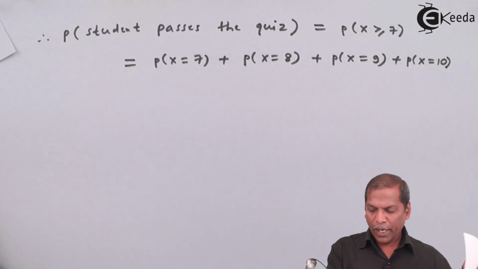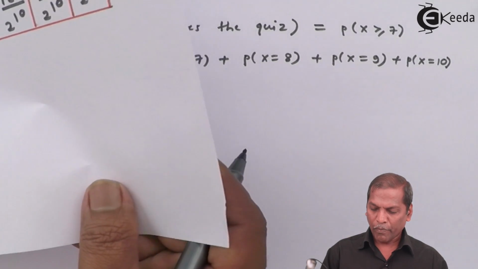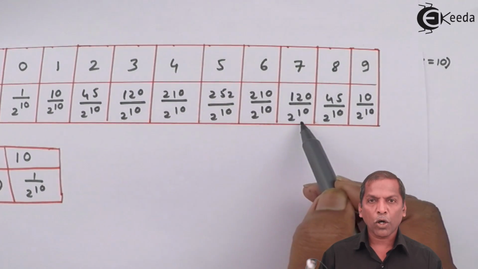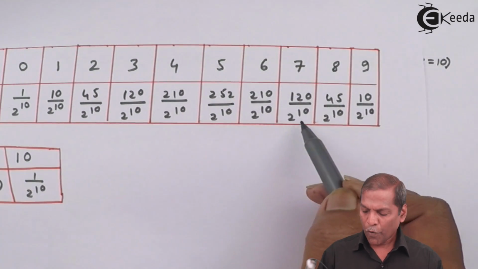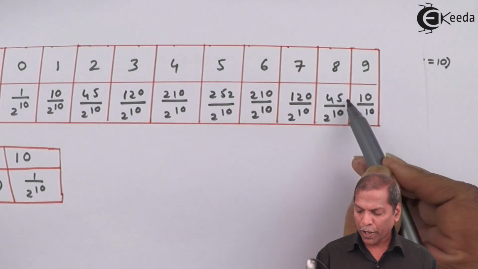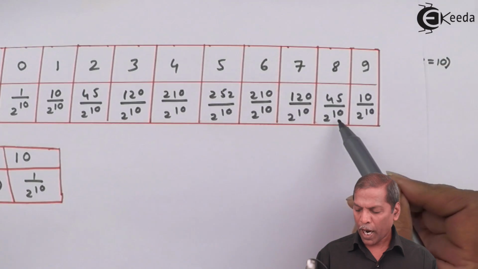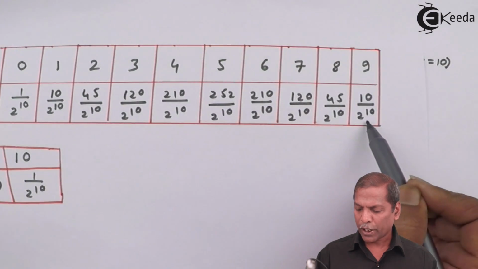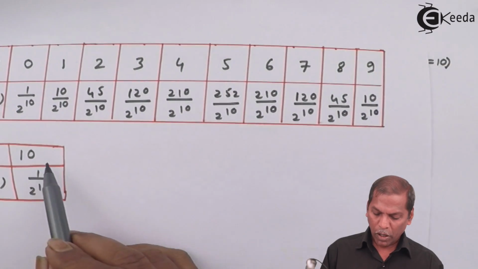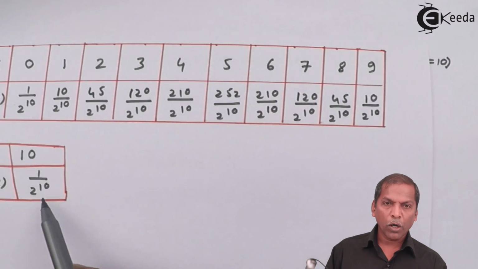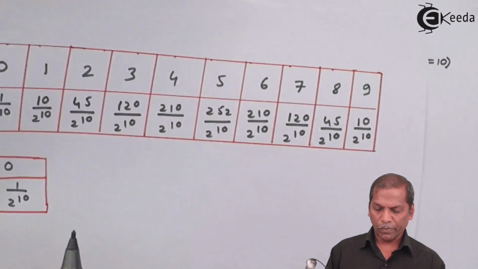Now probability x equal to 7 is given as 120 upon 2 raised 10. For x equal to 8, 45 upon 2 raised 10. For x equal to 9, 10 upon 2 raised 10. And for x equal to 10, we have 1 upon 2 raised 10.